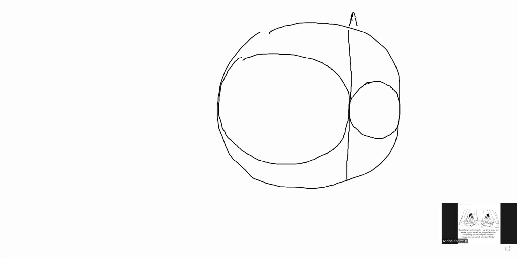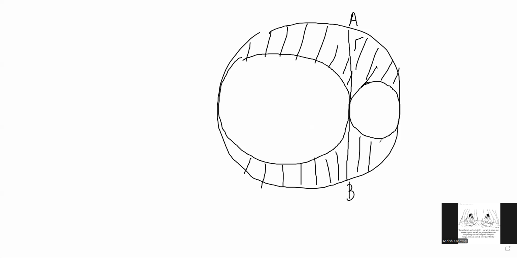This is the chord AB. They are asking you to find the area of the shaded region. The shaded region is everything except these two inner circles.